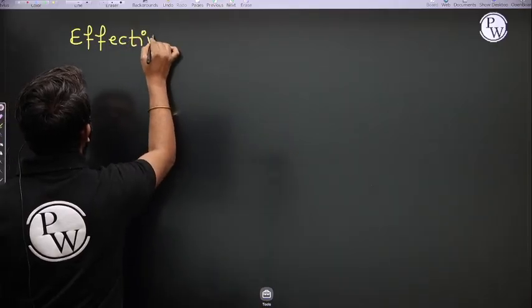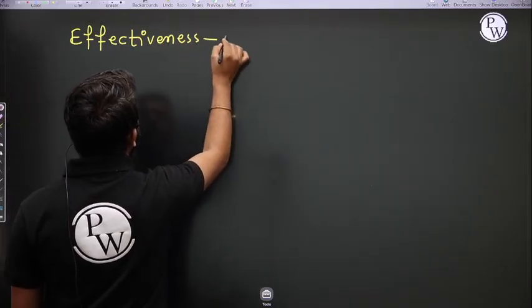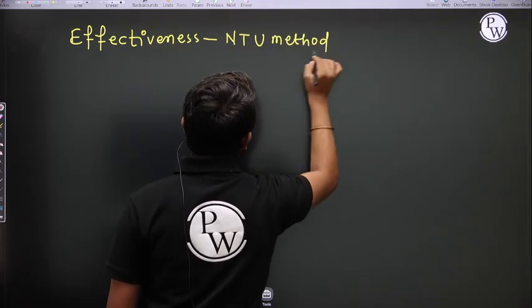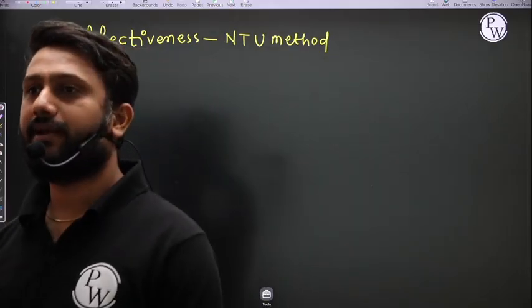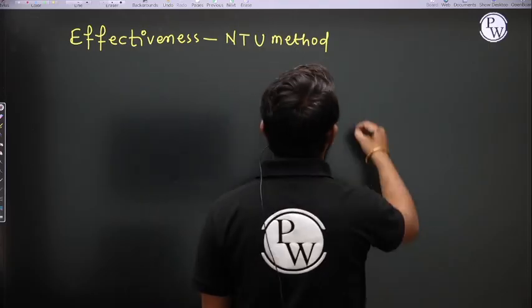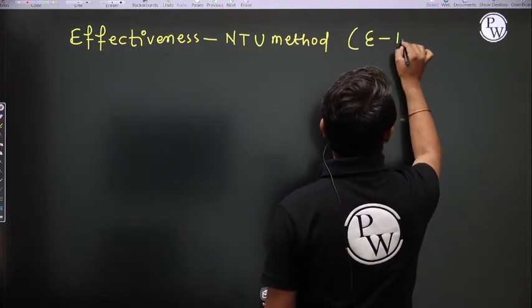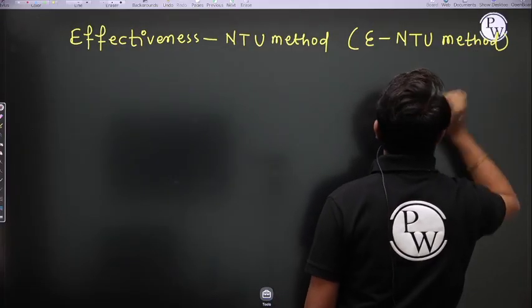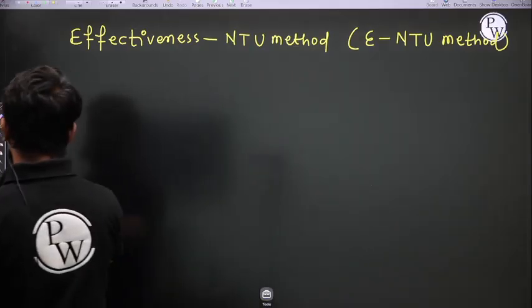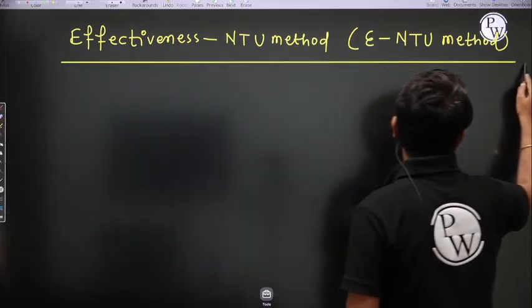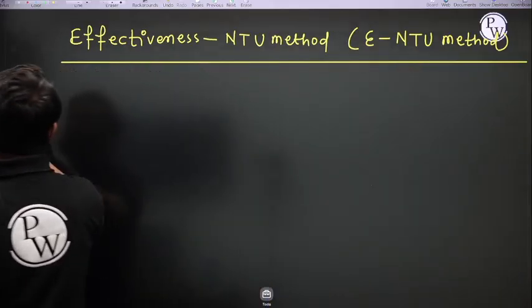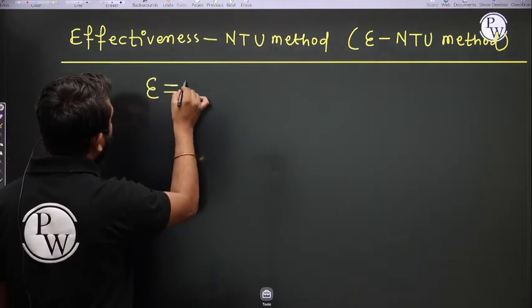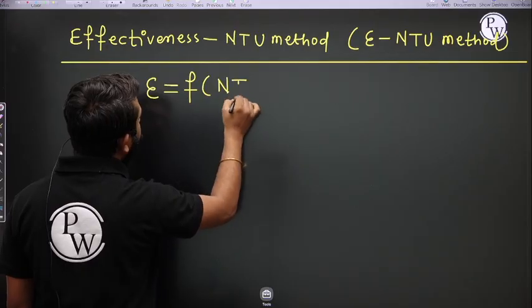Effectiveness NTU method. So in the effectiveness NTU method, the effectiveness is a function of two parameters.